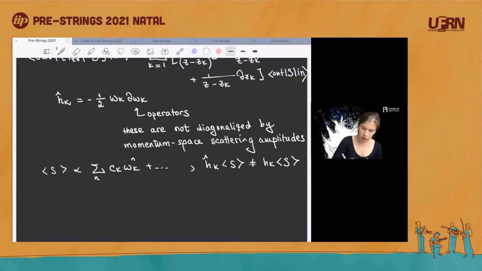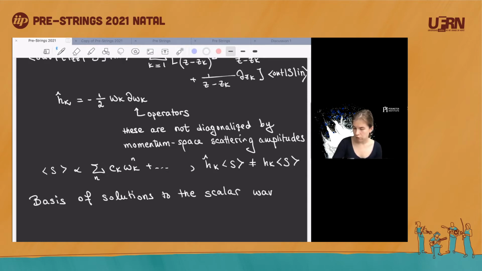So this suggests that perhaps it would be nice if one found a basis of solutions to the scalar wave equation, here I'm restricting to scalars for simplicity, which diagonalizes these weights h_k.